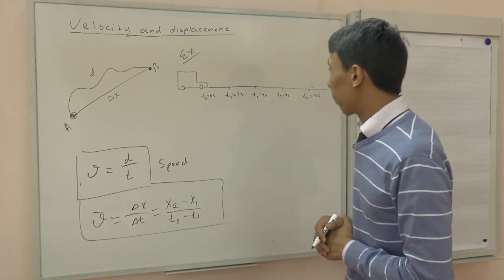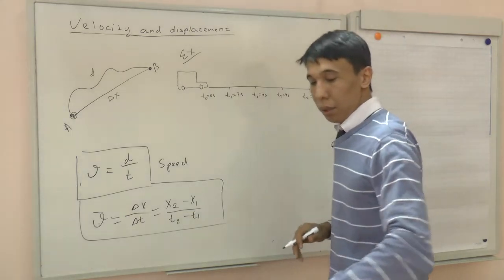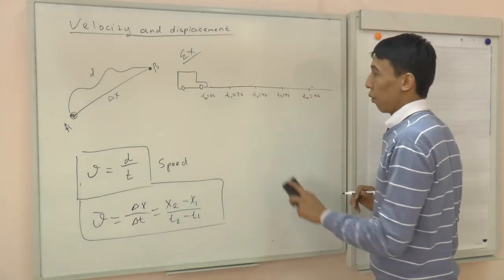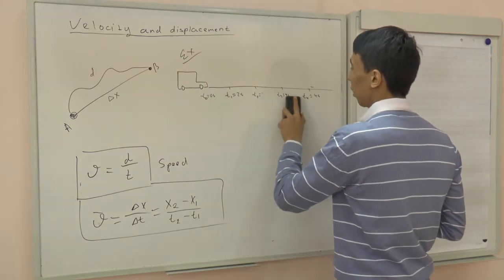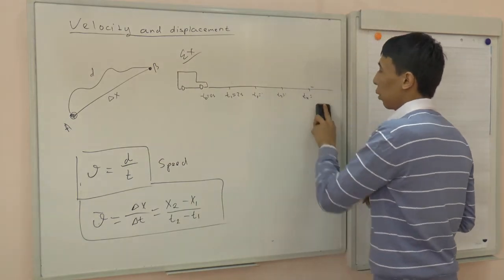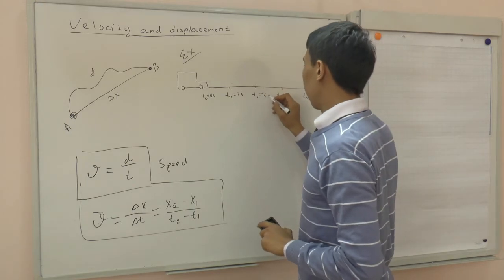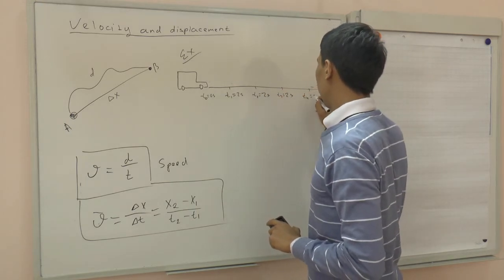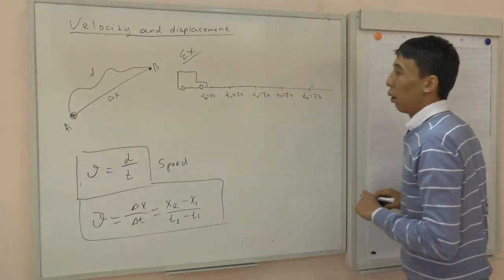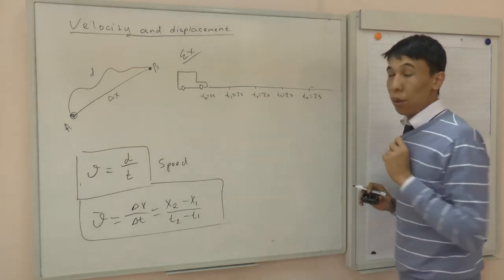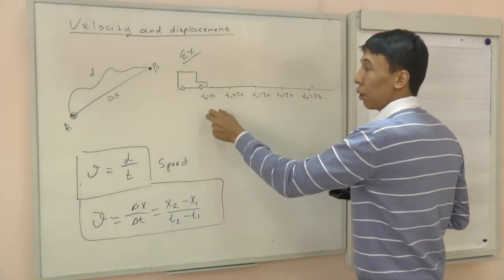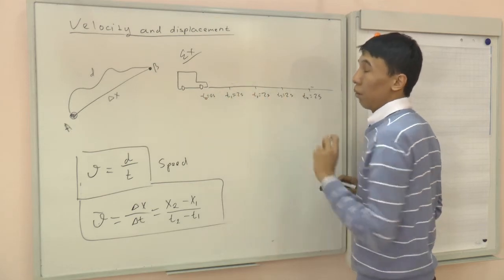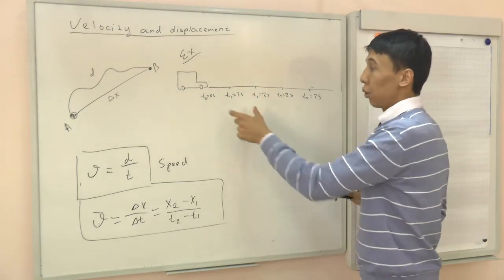Students, sorry for that, I made some mistakes in the seconds. Here we should take 2 seconds, 2 seconds, and 2 seconds, because we have constant velocity, and it means the time interval should be equal in each period of time.